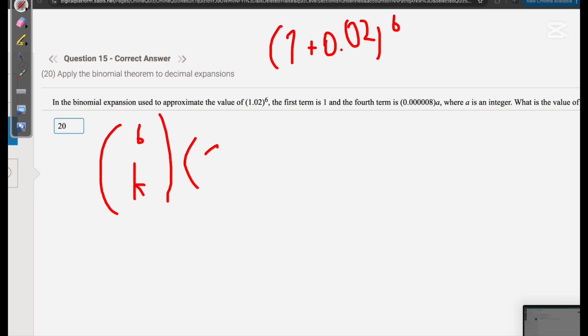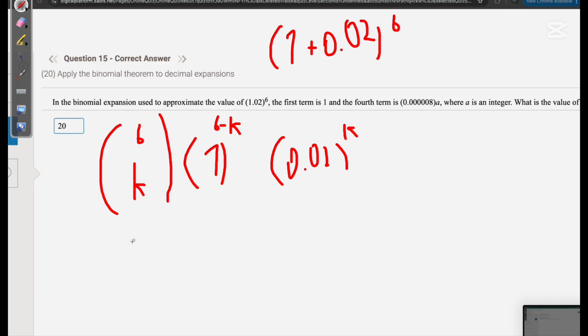So 1 to the k, and then 0.02, 6 minus k, and then 0.02 to the k. Now to figure out what k is, you can do 0.02 to the power of x is equal to 0.000088.